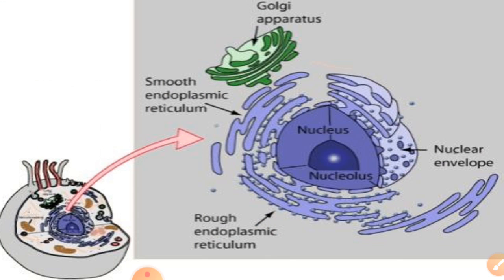here is the cell, and this is the closer look of the cell. So you can see here, this is the nucleus, nucleolus, Golgi apparatus, smooth endoplasmic reticulum and rough endoplasmic reticulum. So you can see the difference between smooth endoplasmic reticulum and rough endoplasmic reticulum here.